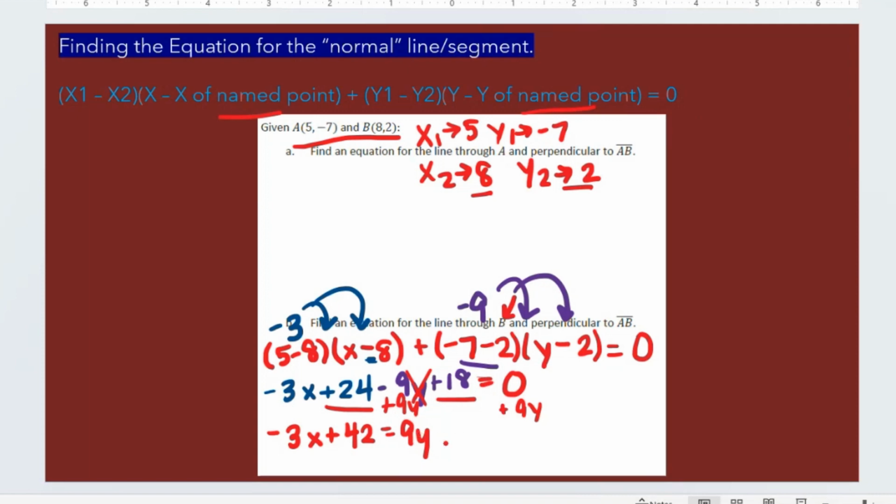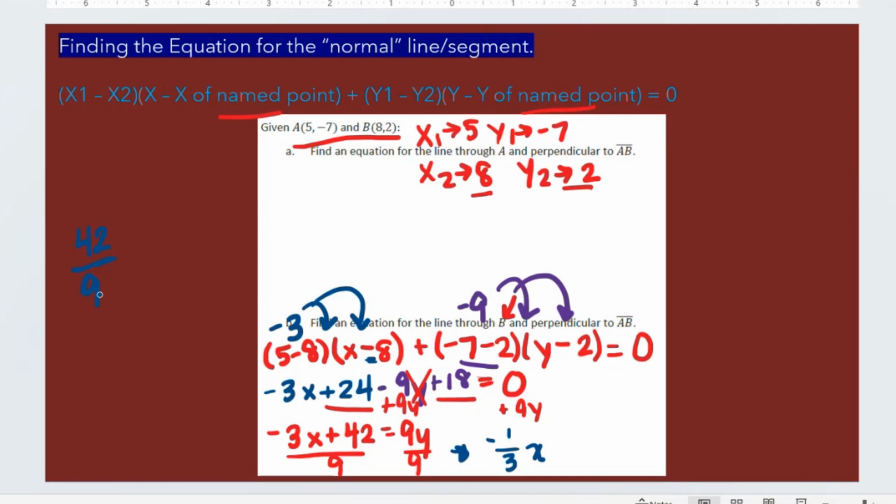Last step, I want to get rid of the 9. I want to isolate my variable, so I'm going to divide by 9. Now negative 3x over 9, just like it was before, is negative 1/3 x. And 42 over 9. I know that 42 divided by 9 doesn't come out evenly.